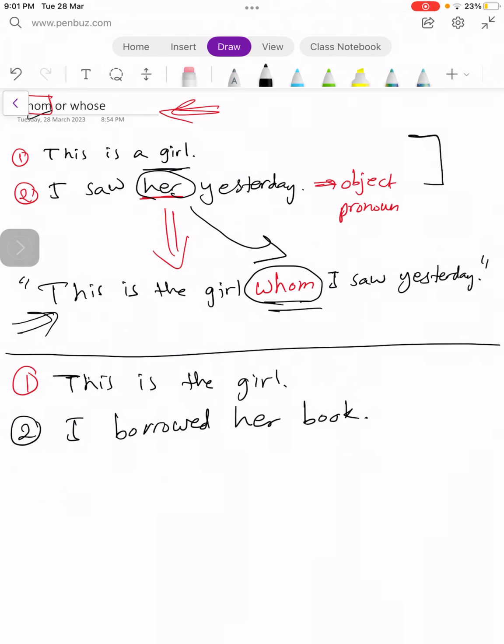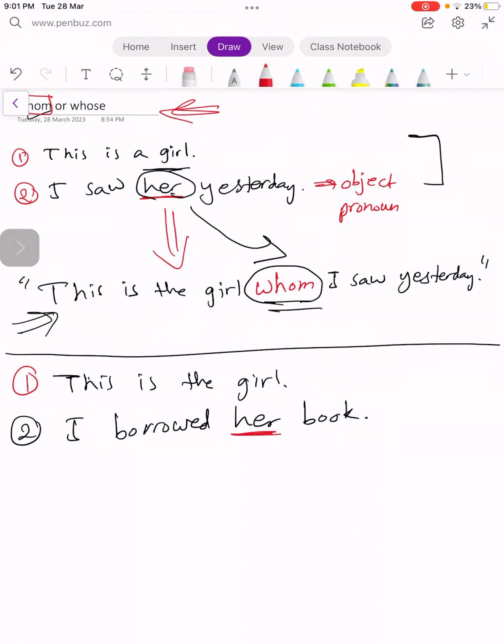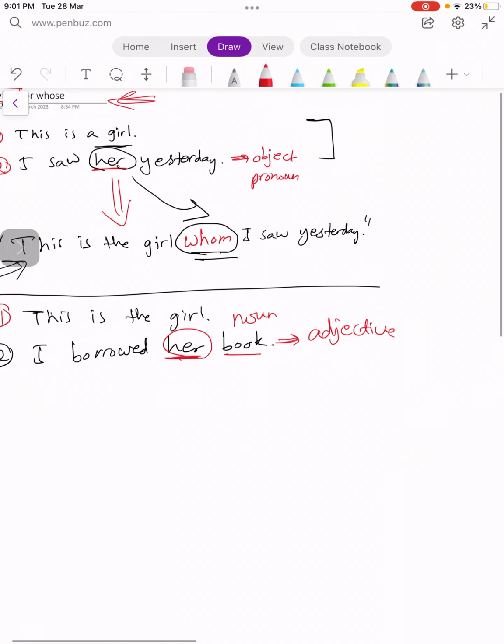We have also the pronoun her, but this time it's not an object pronoun. Her here is a possessive pronoun, or we sometimes also call them adjective pronouns because they come before nouns. Okay, book here is a noun, and her here is an adjective pronoun, an adjective or a possessive pronoun.